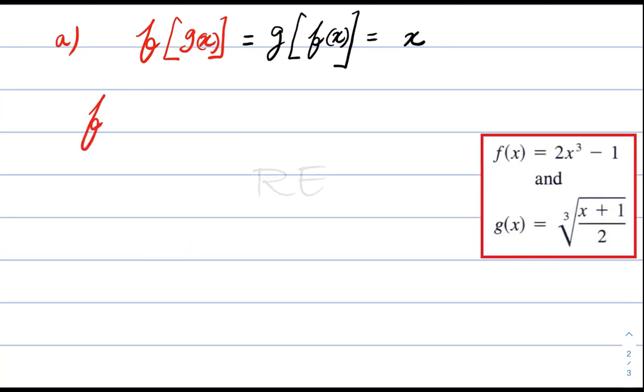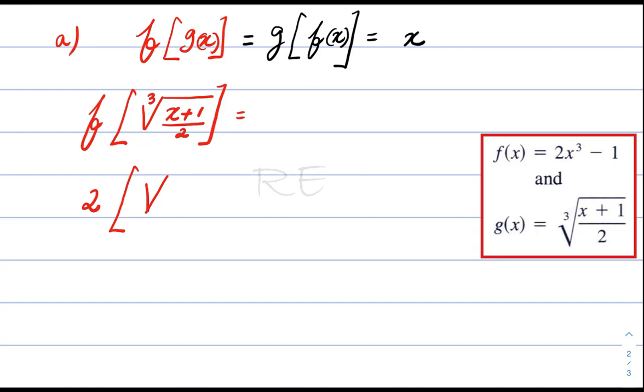The first one, the left composition is equal to the right composition, and it's equal to x. F of g of x is equal to f of cube root of x plus 1 over 2. Which means that whenever we see x, we're going to replace it by cube root of x plus 1 over 2.